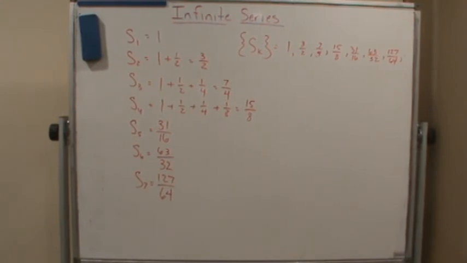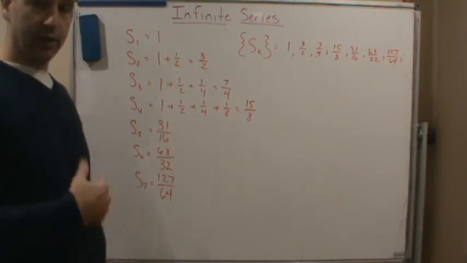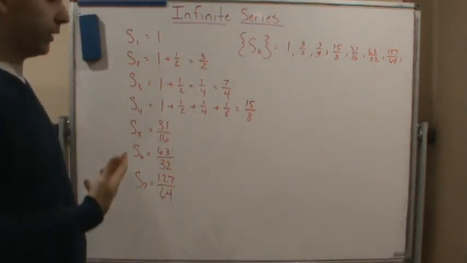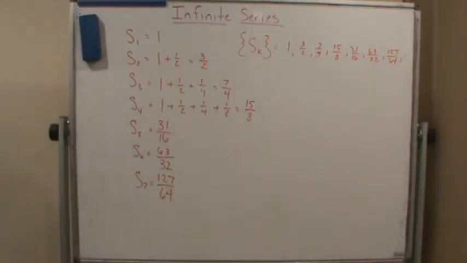And if you do this in your calculator, you can get a table and you can see that this is getting closer and closer to 2. If you calculate even more, you can be even more convinced that this thing seems to be heading towards 2.